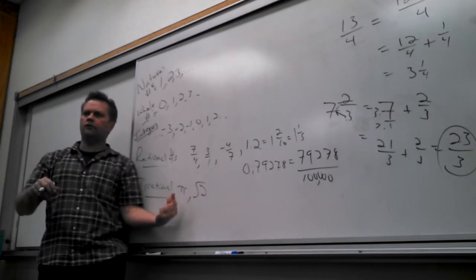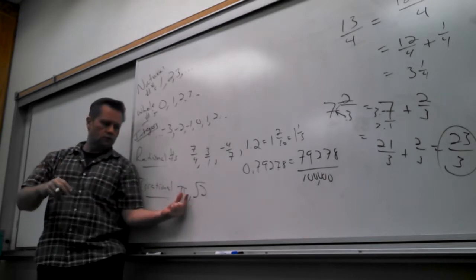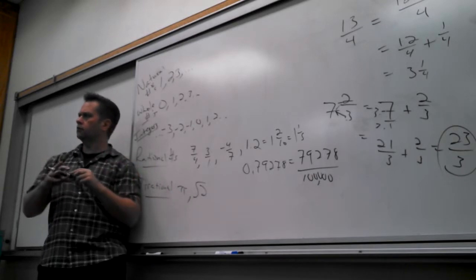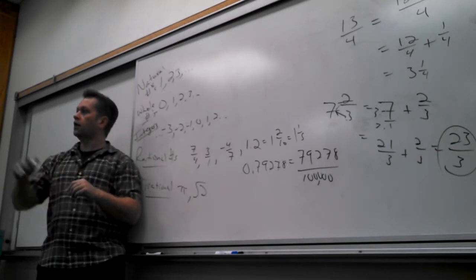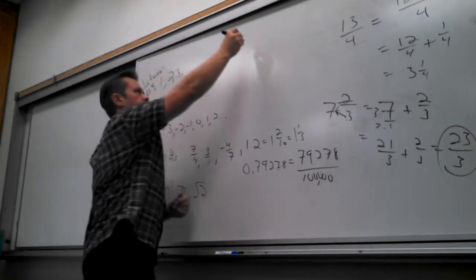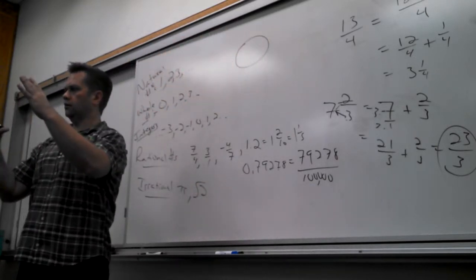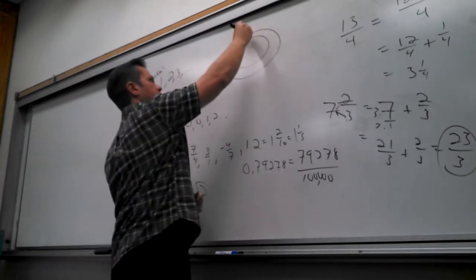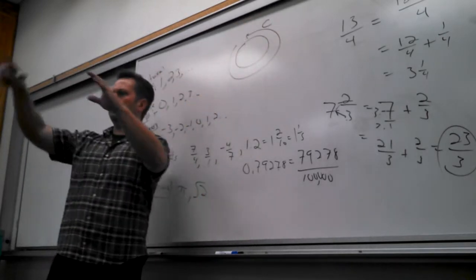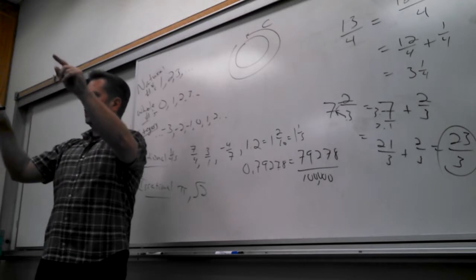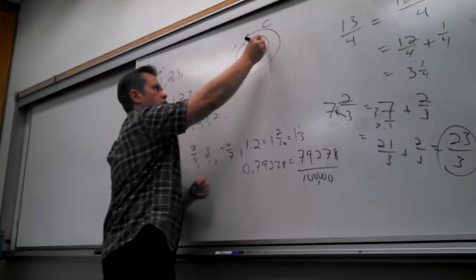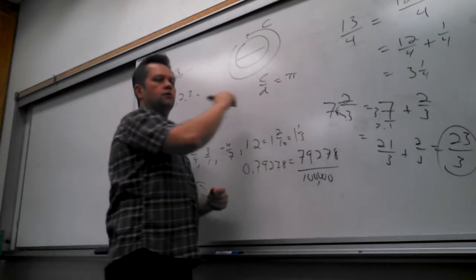Do you know where pi came from? Anybody know? Yes, exactly. Any circle you draw, I don't care how small or how big, if you take its circumference, all the way around, divided by its diameter, you always get the same number.